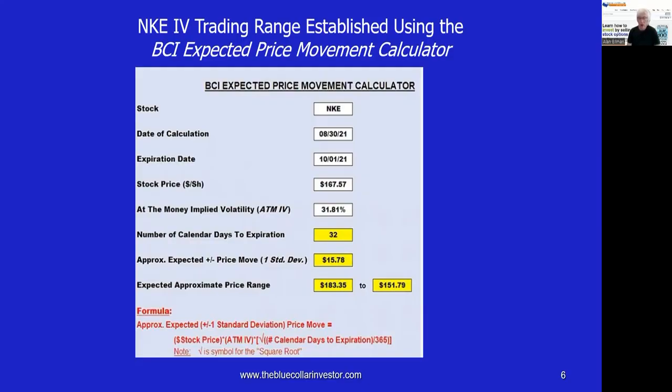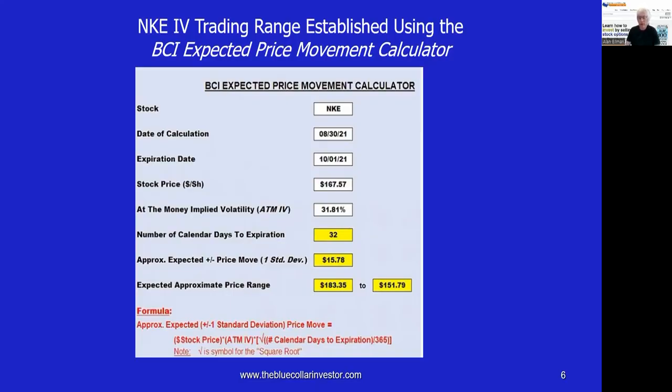So based on this 32-day trade, Nike is expected to move up or down by $15.78, and that's based on the options pricing in the market at the time that this information was entered into the spreadsheet, which will give us an expected trading range of 150-179, and the upper end would be 183.35.